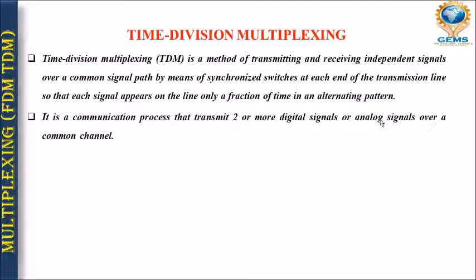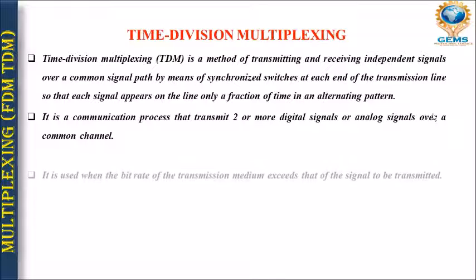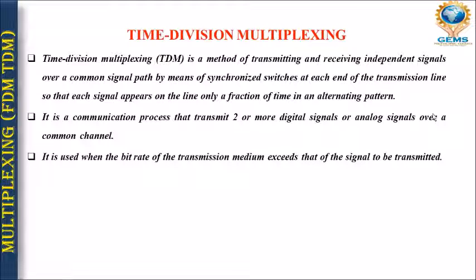In the communication process, these types of signals are used for digital as well as logical signals, with two or more signals, right? Time division multiplexing is used whenever the bitrate of the transmission medium exceeds the bitrate of the signal to be transmitted, right?